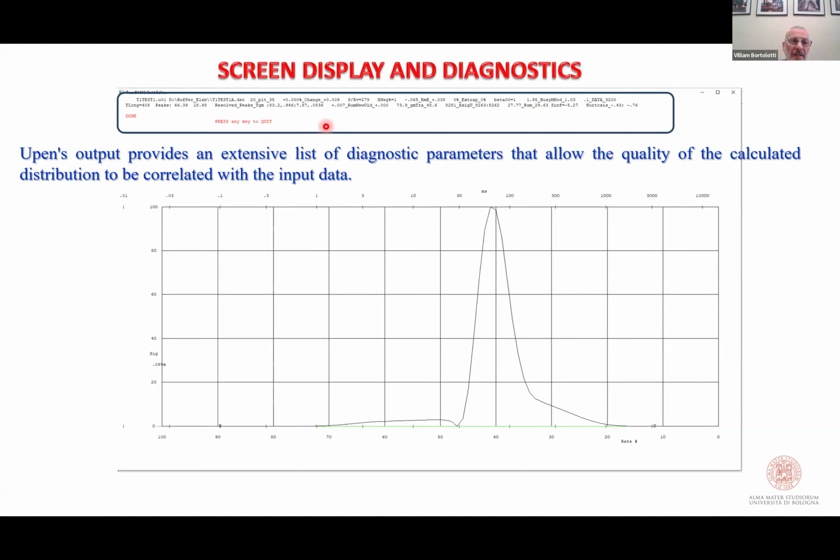When you run OPEN, you also obtain a set of information about the noise, the comparison, the skewness of the error, to qualify the goodness of the result, and indirectly also the quality of the data. Remember, garbage data in, garbage distribution out. If you have bad data from bad experimental performance, you obtain a strange result.